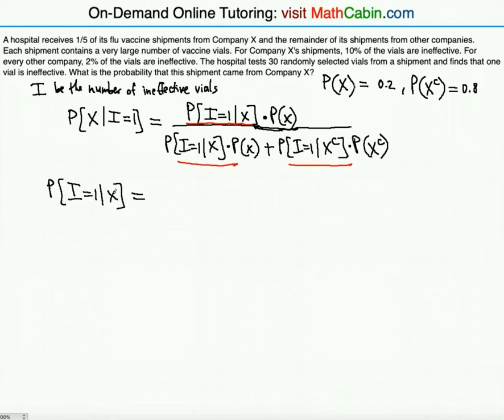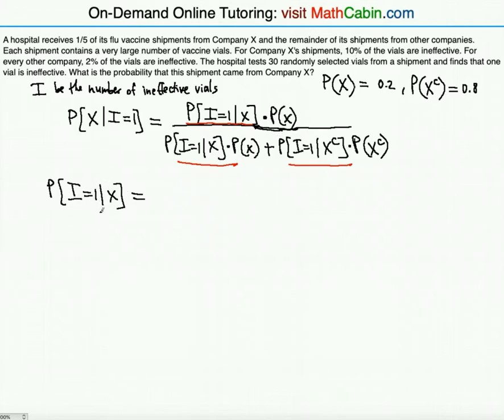No. Keep in mind, it's not the same thing as picking one, let's say, out of the 30, and asking what's the probability that it's going to be ineffective. So suppose that 30 come from company X shipment. What is the probability that when you pick one, it's going to be ineffective? It's going to be 10%, right? It's going to be 0.1.